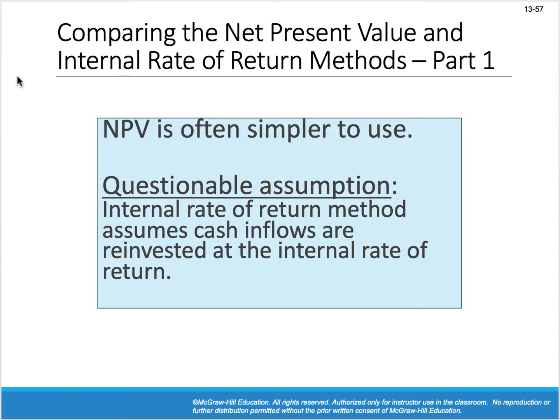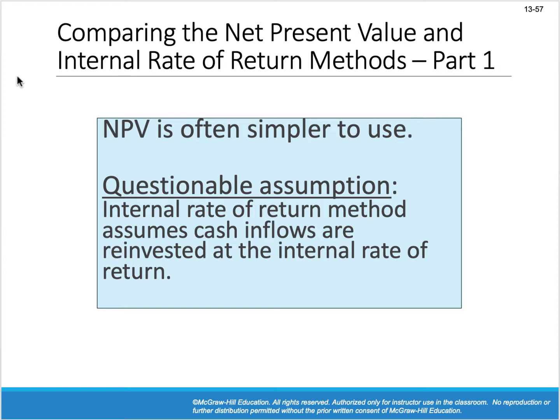A lot of times we see that the net present value might not always be the most simple to use. So what we have to then stop and recognize is, what are the advantages of using net present value over the internal rate of return, right?